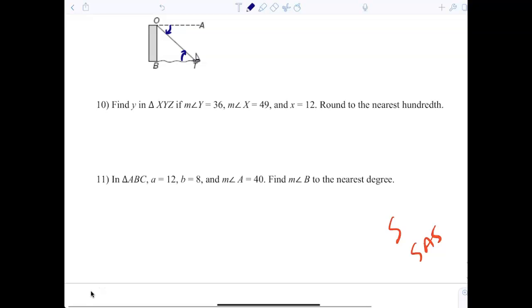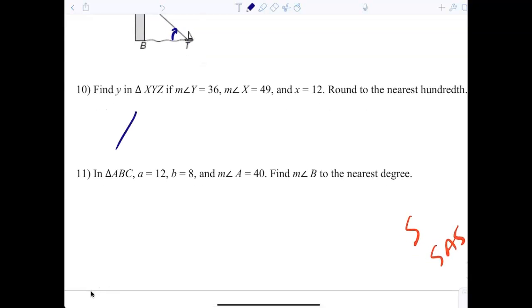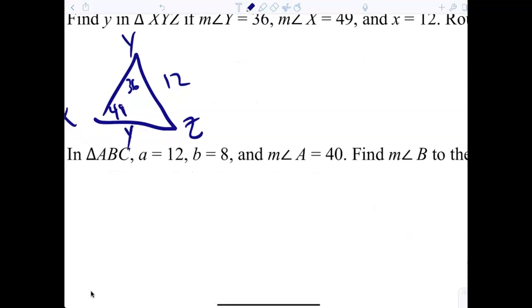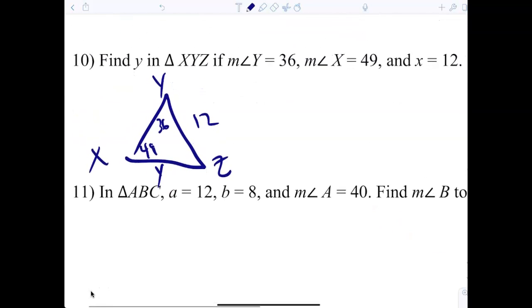All right. Now, of course, we're going to draw triangle XYZ. Angle Y is 36. Angle X is 49. Side X is 12. Find Y. So now obviously this is the law of sines.